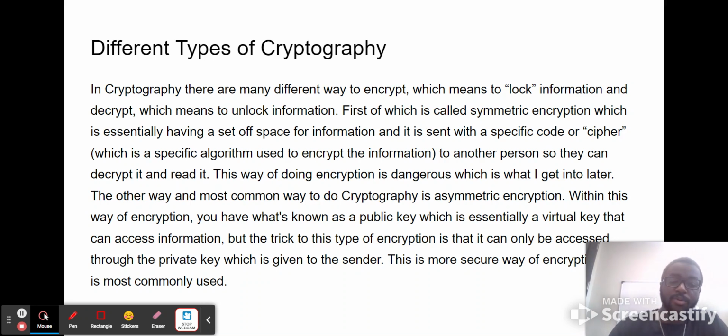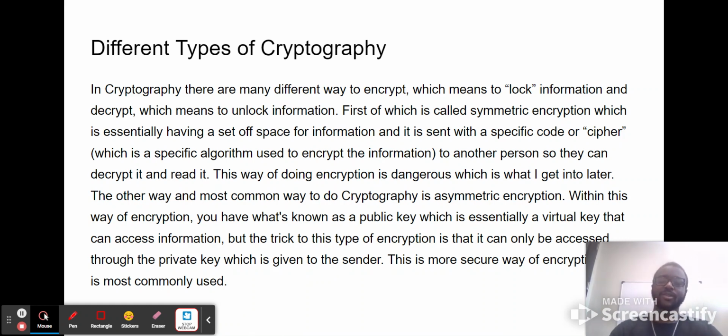So what people use more commonly is asymmetric encryption. Within this technique, you have a public key and a private key. The thing about asymmetric encryption is that although the users have a public key, opening the encrypted information is done using the private key, which is already exchanged and given to, in this example, Bob from Alice.